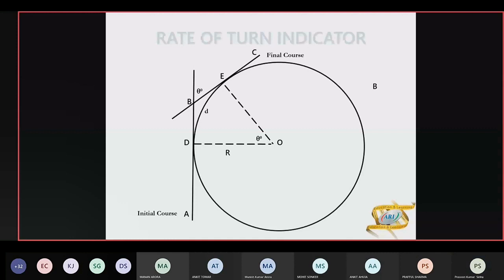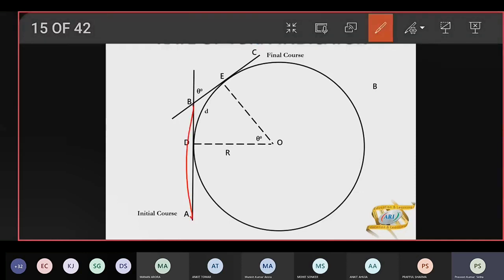next. This we have done multiple times on board. In examples, we have drawn many times talking about this. This turn can be either which way. We always took this example, but it can also be like this.